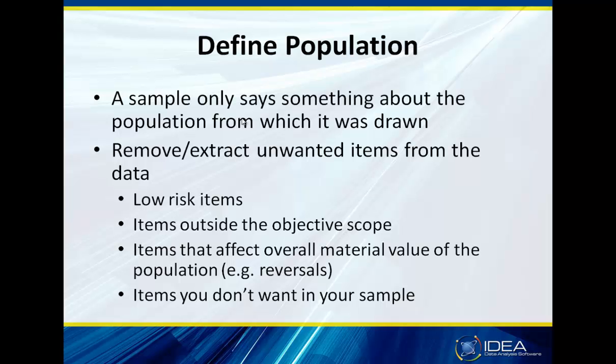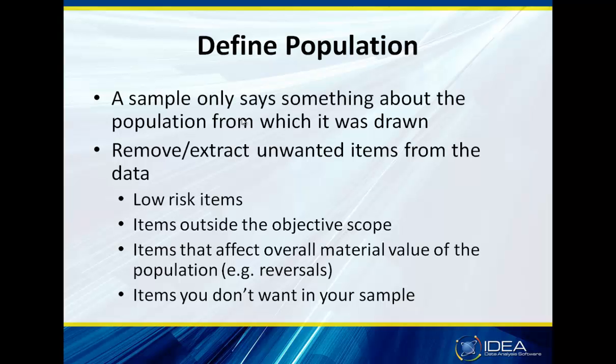Here are some things that we have to do. We want to be able to look at things that are low-risk items. You may not want to have a low-risk item in your sample, so you should remove it a priori. We want to look at items that are outside the objective scope. Again, if you're looking to analyze domestic business, let's make sure we get all the foreign transactions out of there. We want to look at items that affect the overall material value of the population, such as reversals that would ultimately say, well, actually, this item was reversed.